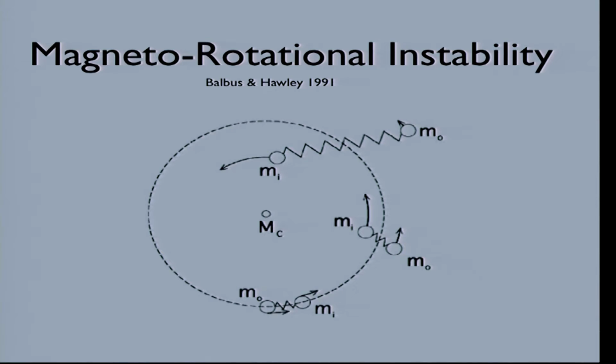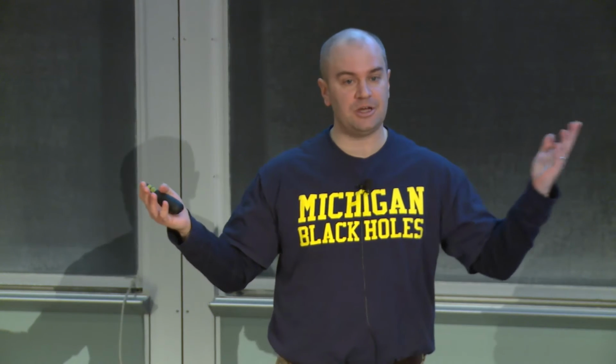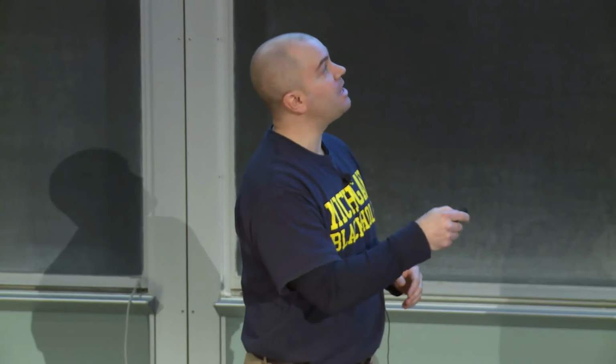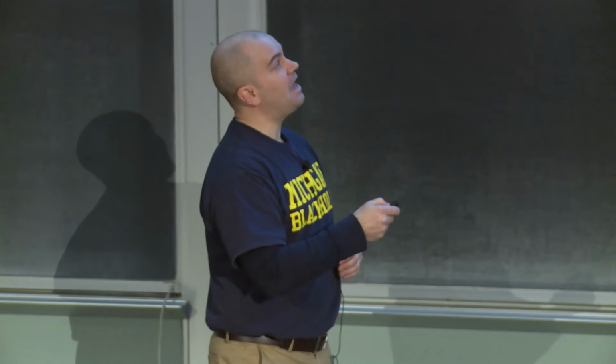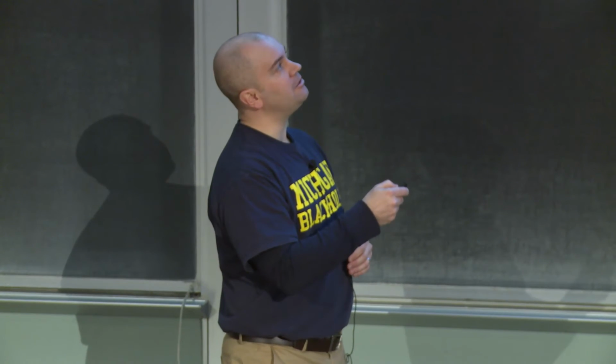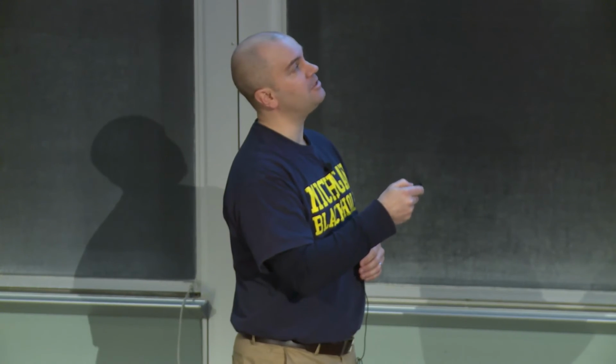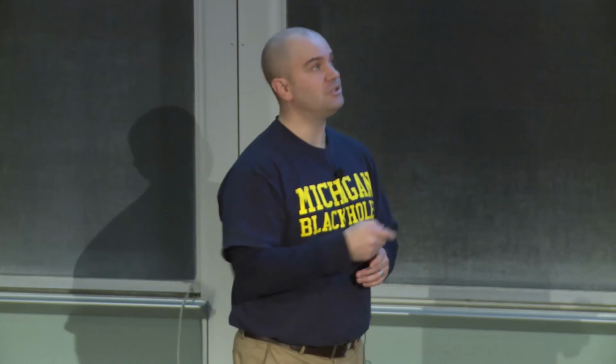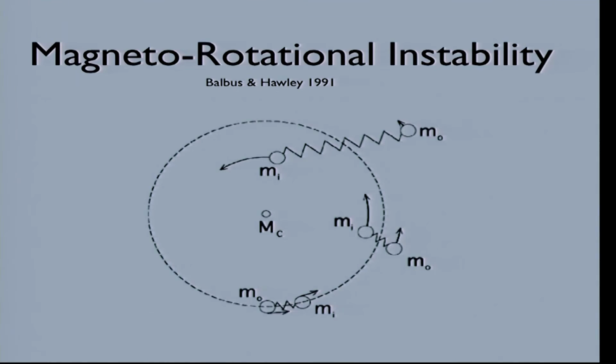Angular momentum is mass times velocity times radius. This one has to move out. So we're transferring angular momentum out. But this outer thing is also going to pull on the inner packet of gas or billiard ball. It's going to slow it down. It will no longer have the energy required to hold off gravity.